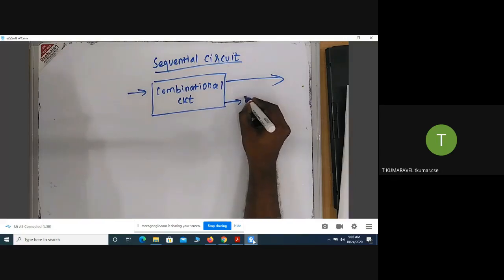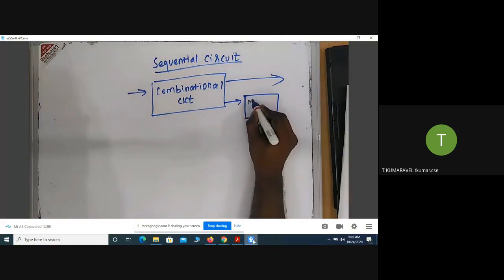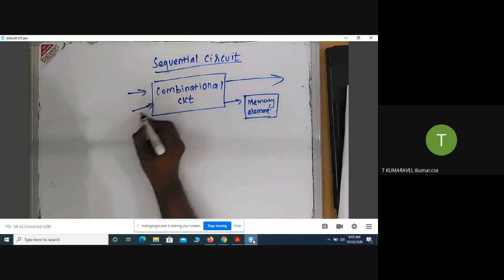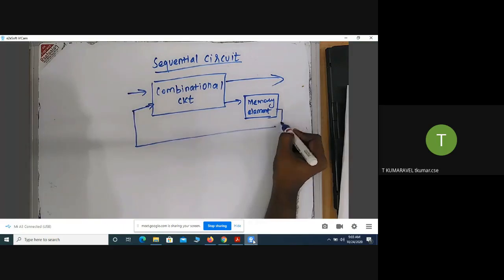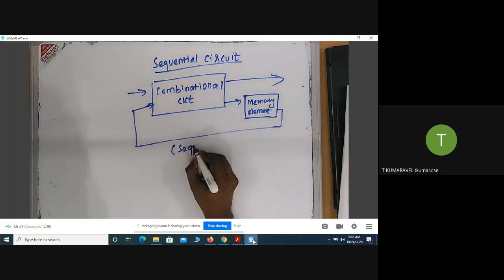And then along with the combinational circuit, it is added with the memory element. This is a feedback for your system. This is called a sequential circuit.